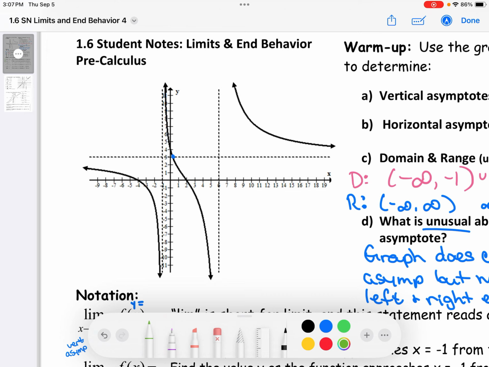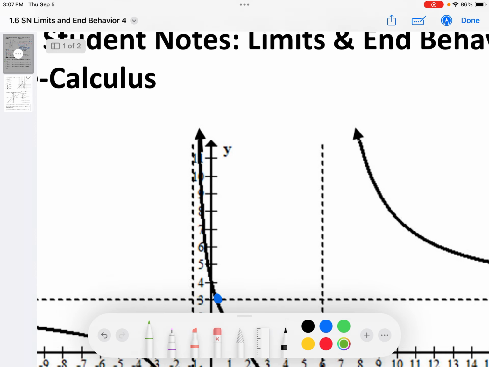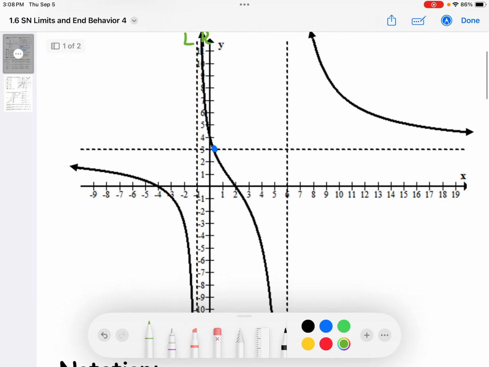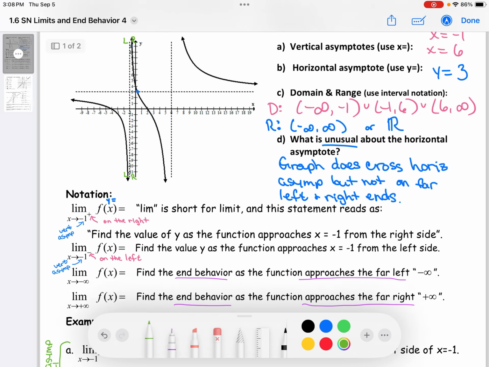Because x equals -1 is a vertical asymptote, the graph will not cross it. Here's a way we can help ourselves. At the vertical asymptote, at the very top and at the very bottom, we're going to label left side, right side.